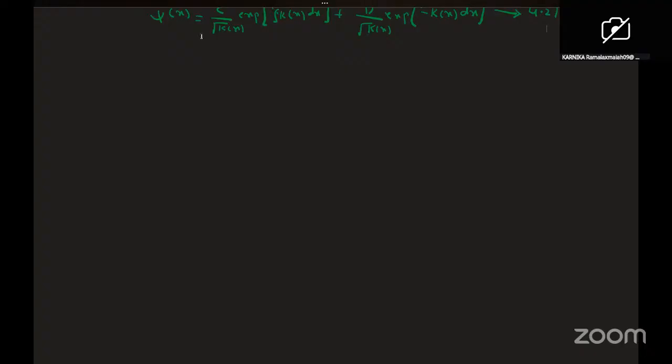The point at which E is equal to V of x is called the classical turning point, because classically the particle would stop at this point and turn back to move in the opposite direction.